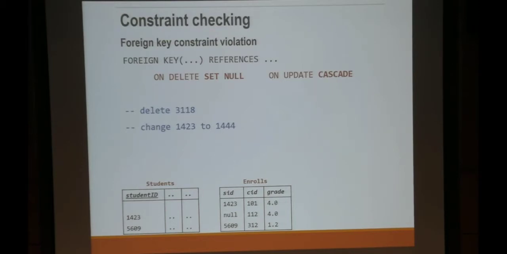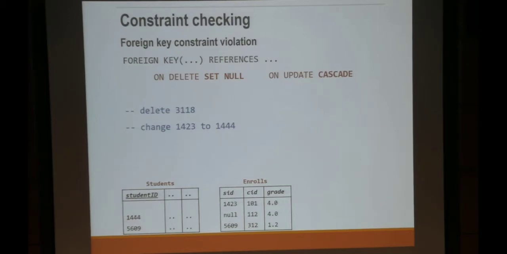Now if you try to change 1423 to 1444, again, there's going to be a violation. The only way to make it non-violating is if I have an update cascade and that change is cascaded into the referencing relation.